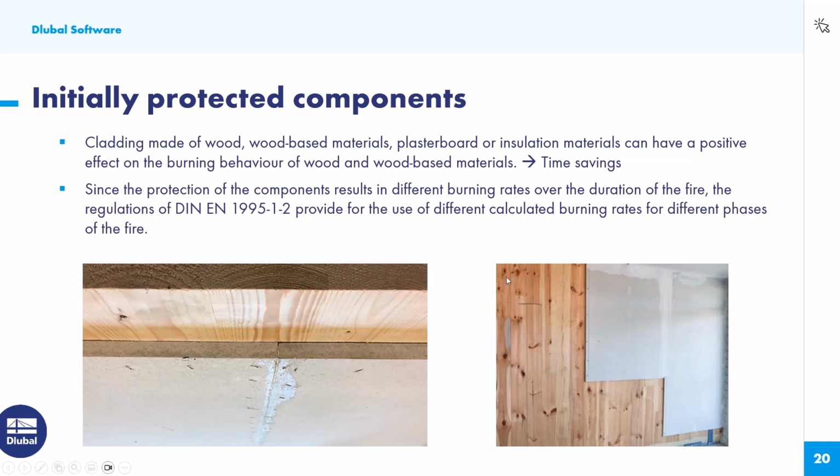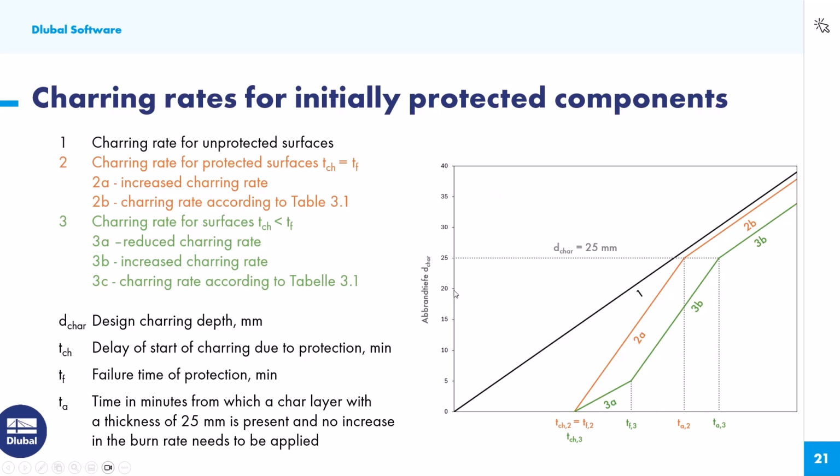The Eurocode describes different stages or phases of fire, and we will have a look at it in detail now. Maybe you have seen similar diagrams like this. So let's have a look at this diagram. Curve 1 is the charring rate for the unprotected surface.